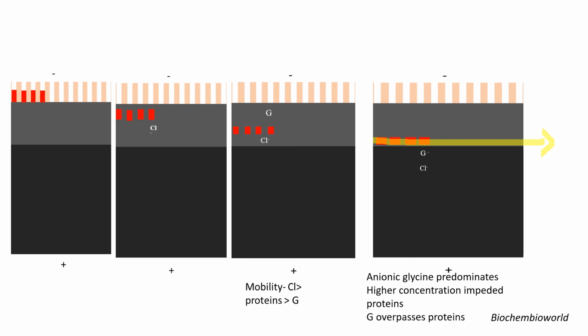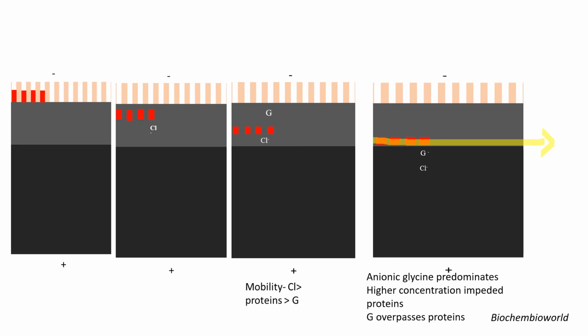Another thing that happens when they come across this resolving gel is that the glycine now predominantly exists in anionic form, in negatively charged form, due to the high pH, as a result of which these glycine molecules overpass the impeded proteins present at the borderline of these two gels, and come in the upfront of these molecules.